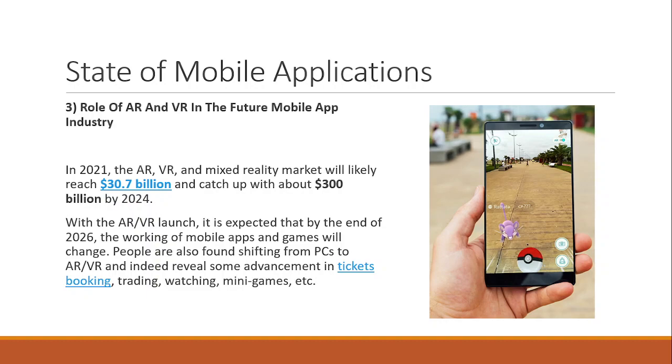So like AI, with the launch of AR and VR, it is expected by the end of 2026 that the working of mobile applications and games will change.